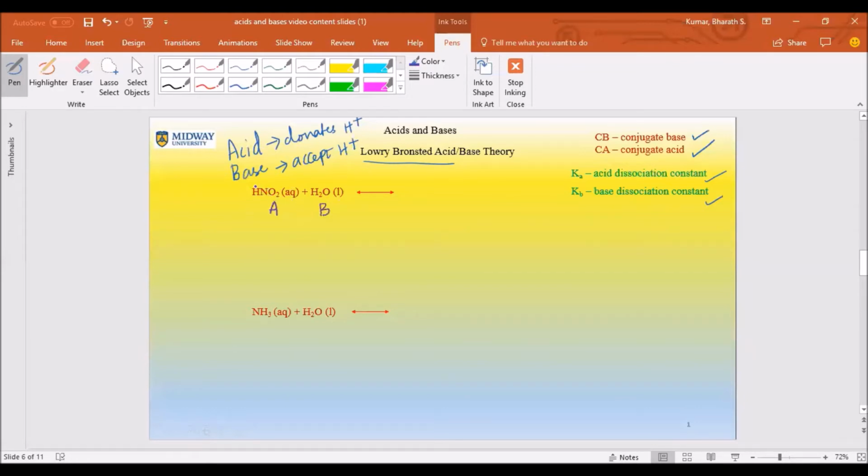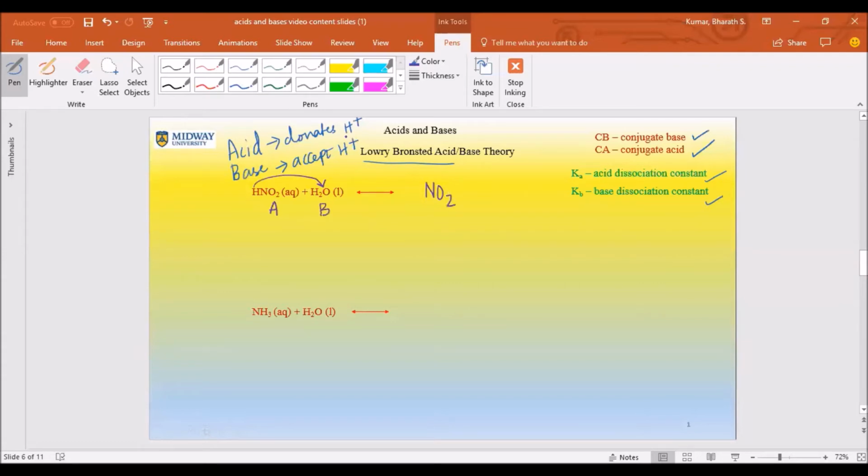So the proton from here goes to water, right? Because that's the way the definition says. Acid donates a proton to water. So how are we going to write the products? Now, first let's write the one without the hydrogen, but it's missing something.